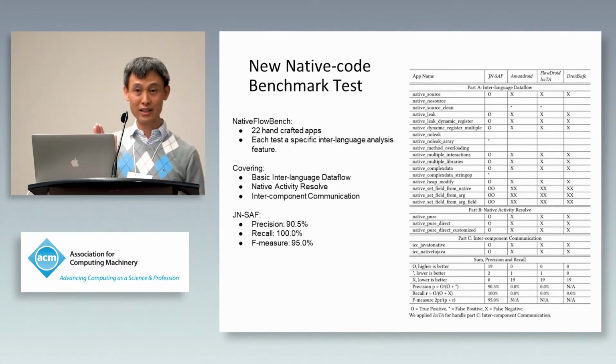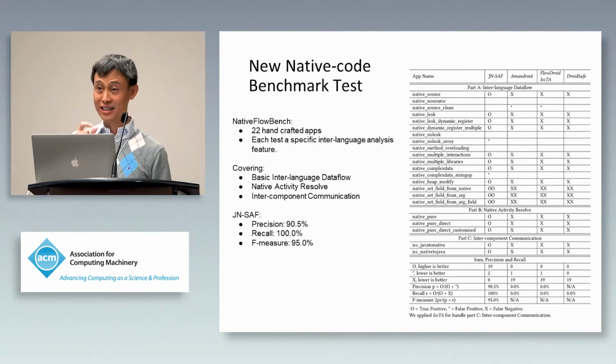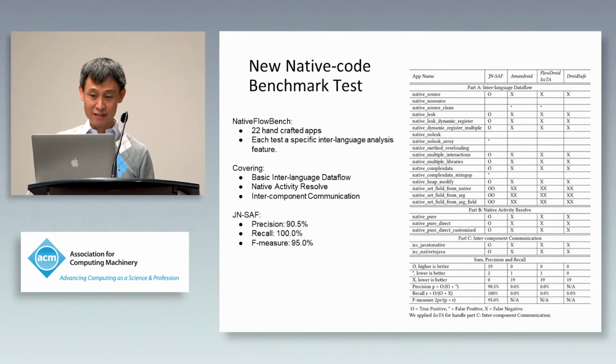These are not real-world apps. These are handcrafted, intended to test an analyzer's ability to handle that type of problem. Every time the analyzer is able to find a problem correctly, you'll find a circle here. A cross means a false negative, which means there is a problem, but the analyzer failed to identify it.